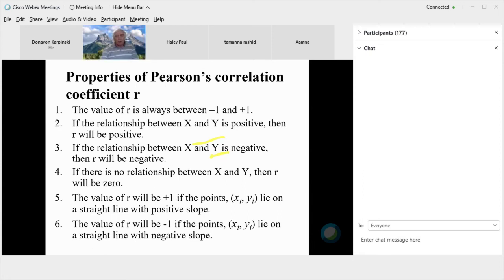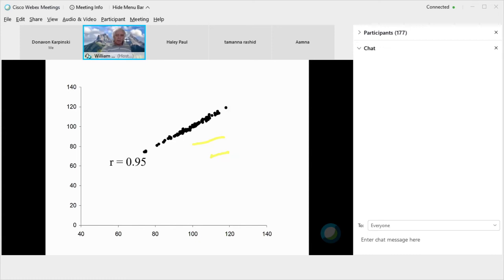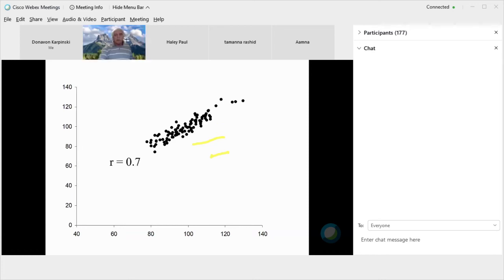So these are some properties of r. Here, r would be +1, because the points lie perfectly along a straight line. If there's a bit of scatter, it won't be exactly +1, it'll be a little bit less than +1. As the scatter increases, the value of r goes down.